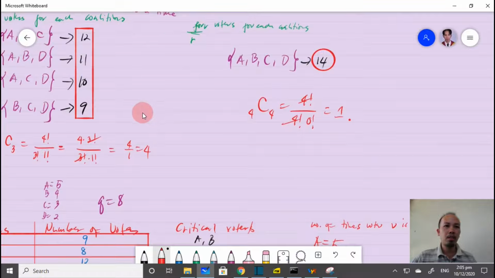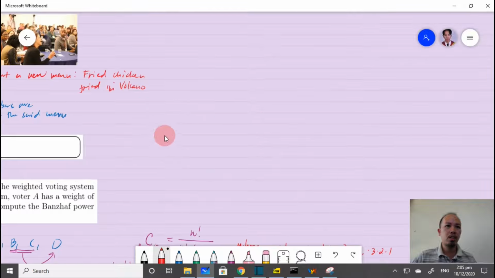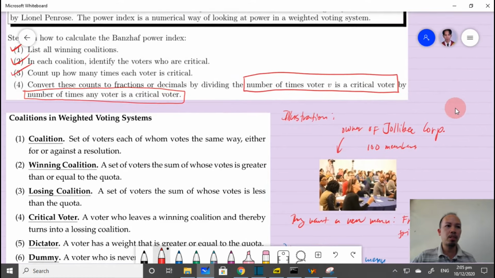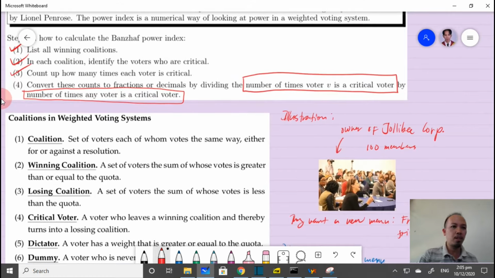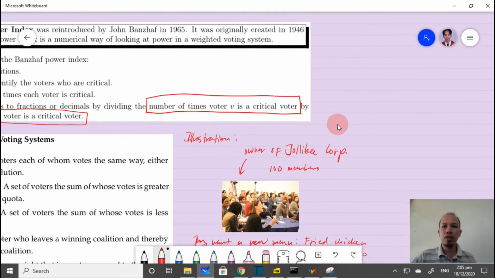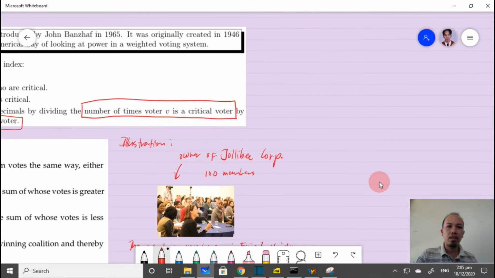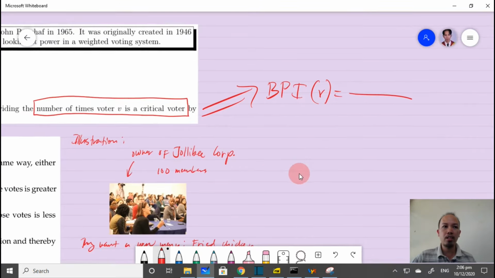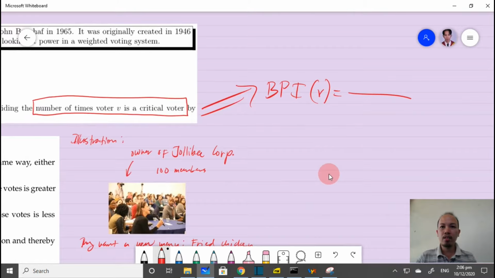For step 4, the BPI, I'm going to write it here: the Banzhaf Power Index of any voter V is given by this formula.